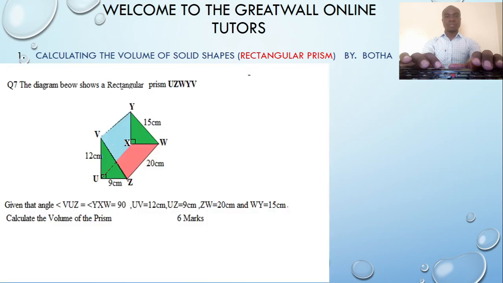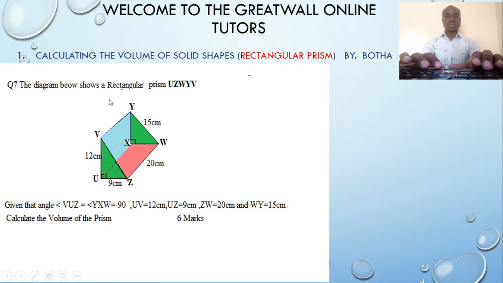To start with, let's look at this question under rectangular prism. Remember, prisms take after their names from the base area. So prisms are named after the shape which is considered to be their base shape.